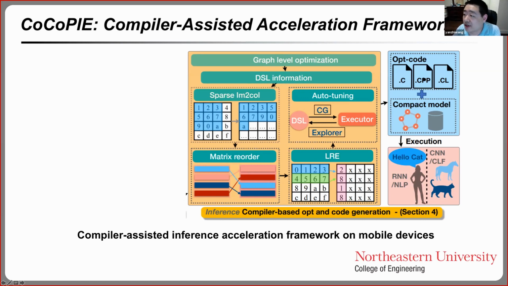What we generate are the executable codes: C++ code for the mobile CPU, OpenCL or OpenGL for the mobile GPU, together with a model storage. Our executions can be directly deployed, for CNNs, RNNs, transformers, and all other models, directly on the mobile device.